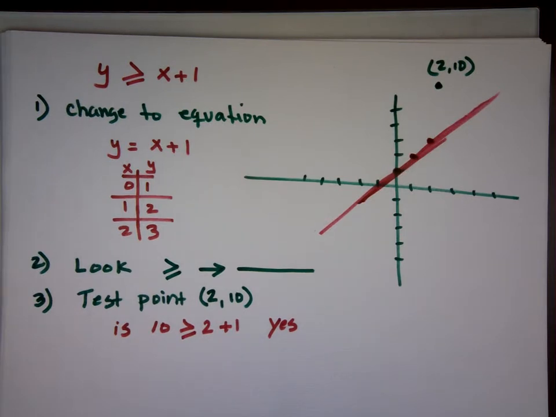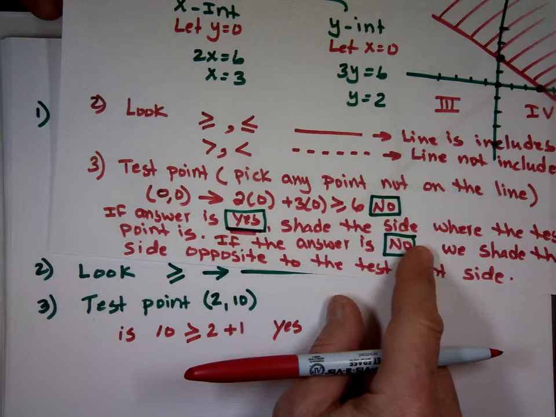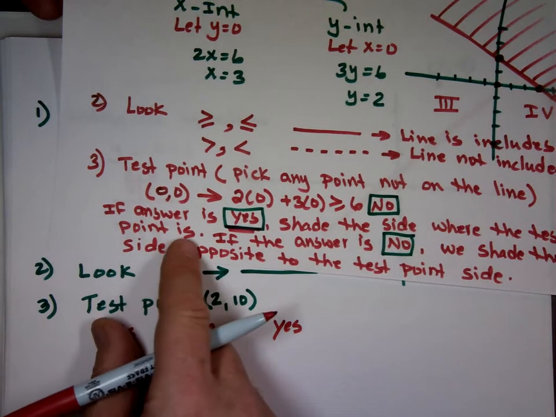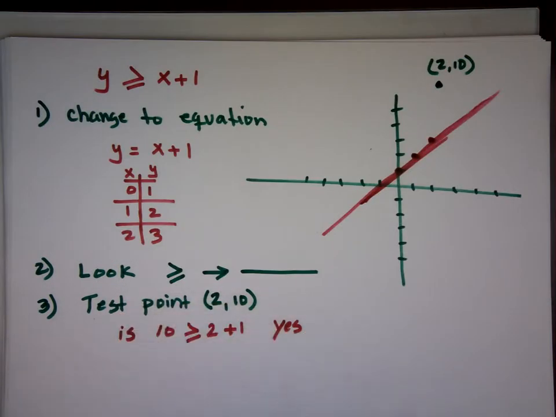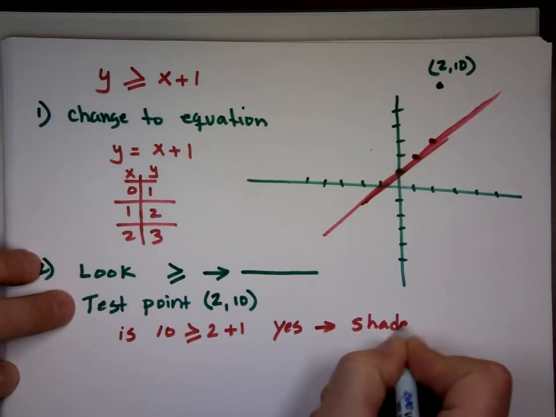So let me pull my sheet back. Let me look at this. If the answer is yes, you shade what? The side where the test point is. So since the answer is yes, shade the test point side.